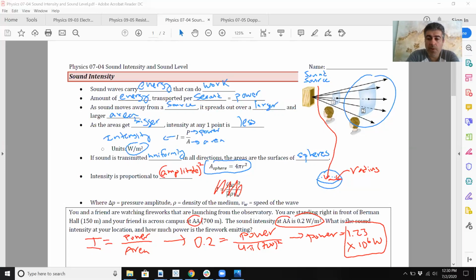Now, what's the intensity at your location? So it's still the same power, but now you've got to solve for your own intensity. So your power over your area. Now you're 150 meters away from the source.